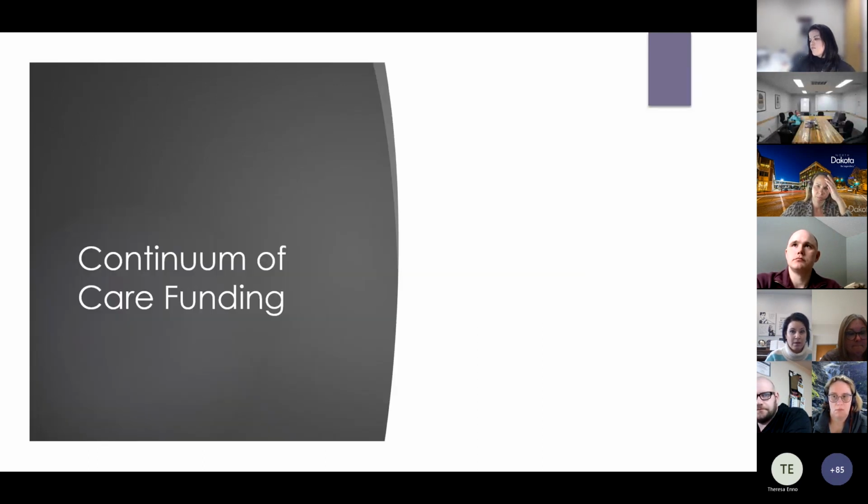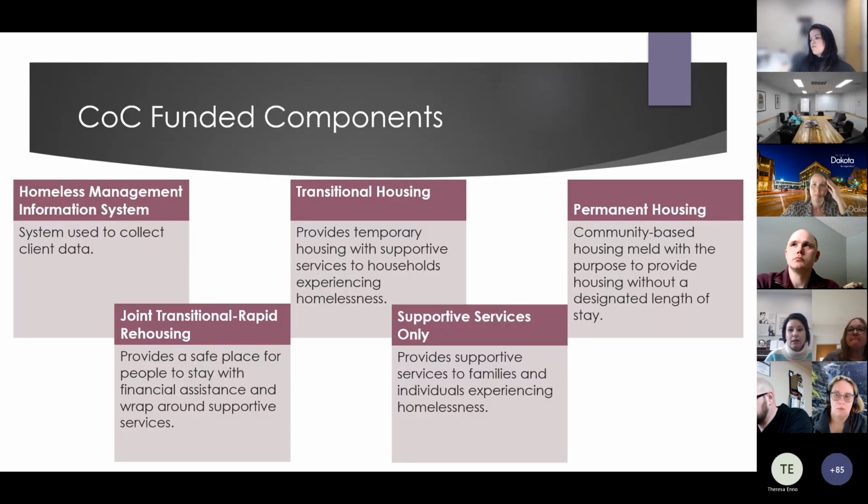Okay, continuum of care funding. I think that you just raised a really important point that I want to continue to emphasize throughout this series. It's really two things: getting involved, and understanding where data entry points are and how to access those, so that we have appropriate data for North Dakota.